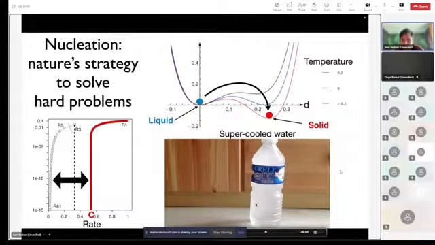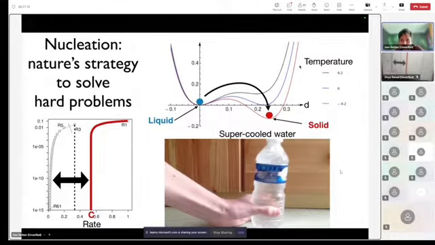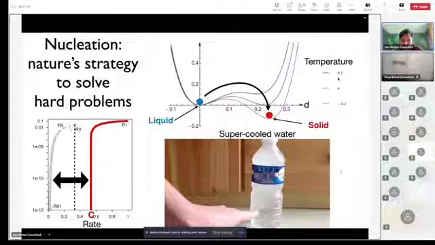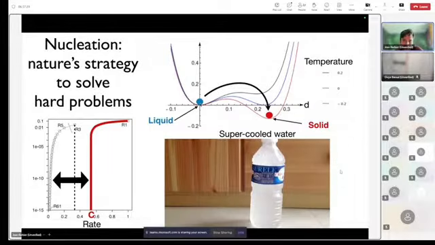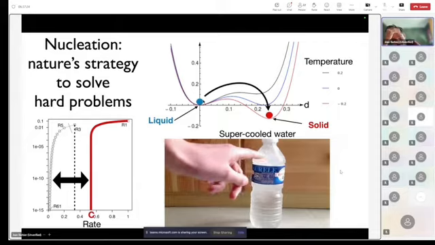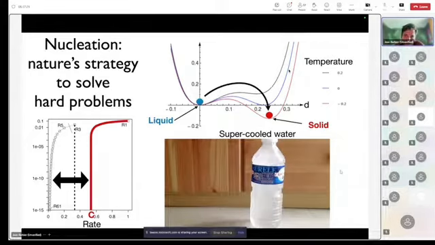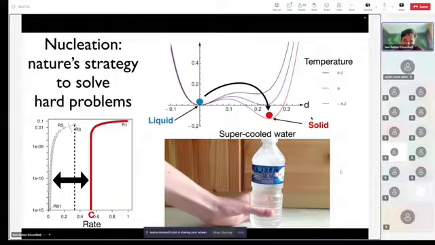And the reason is, this is again the free energy picture. Let's say you are above 0 degrees Celsius. The minimum of the free energy is the liquid state. But if you slowly lower the temperature, you will have this other minimum in the free energy that will appear, until the equilibrium is the solid.